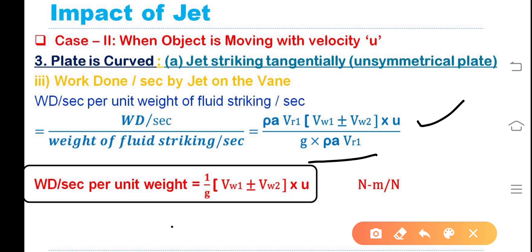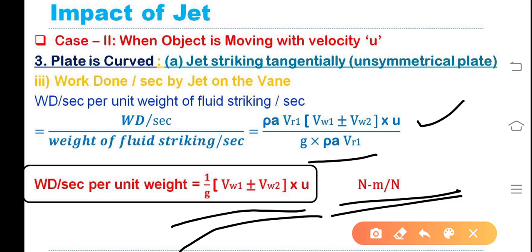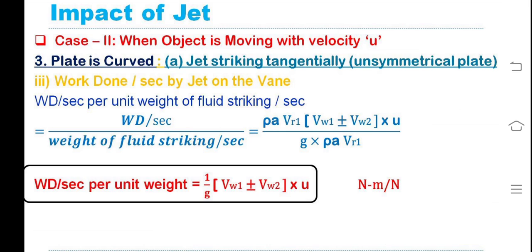That will be equal to 1 upon g whole multiplied by VW1 plus or minus VW2 multiplied by U, Newton meter per Newton. Is it clear? The unit is also very clearly written and explained. Next slide.